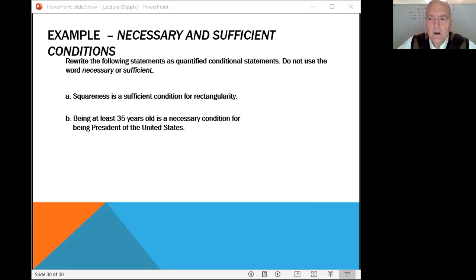Yes, that's right. They are. It's just two different ways of saying the phrase.